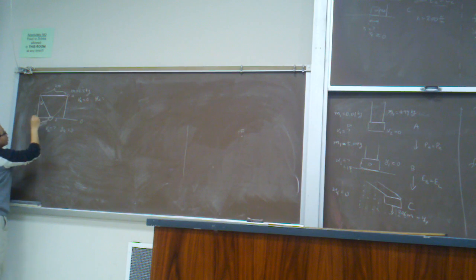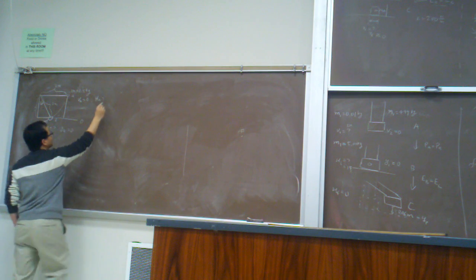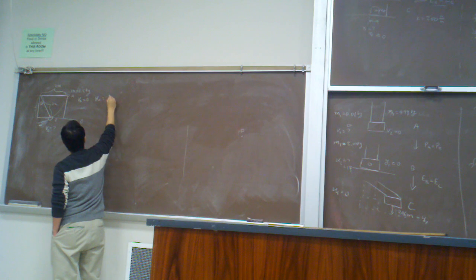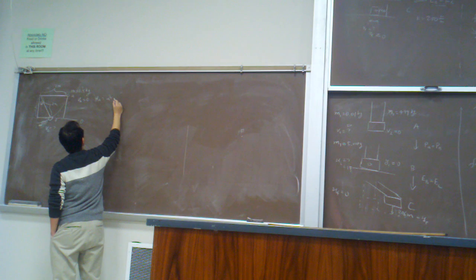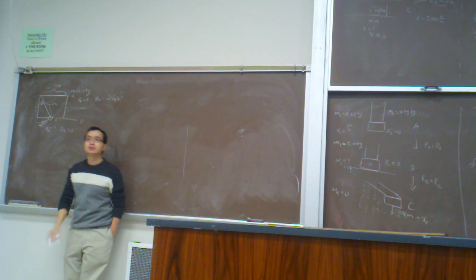In this triangle, if you know the hypotenuse, which is 2, and you know the angle, of course you can calculate this, right? So the height YA should be 2 multiplied by cosine 30 degrees, right?